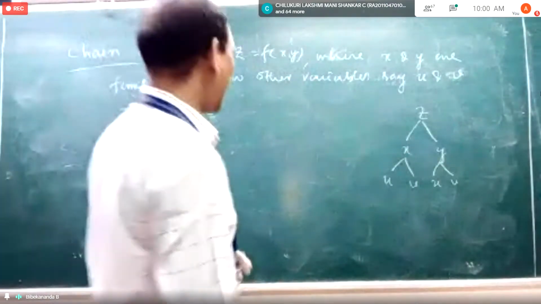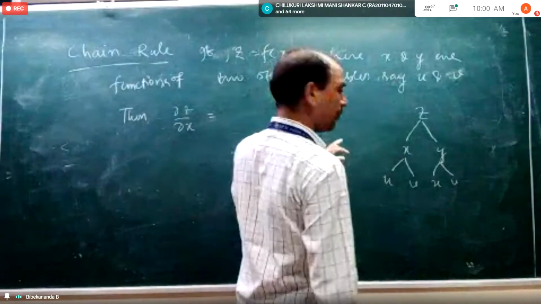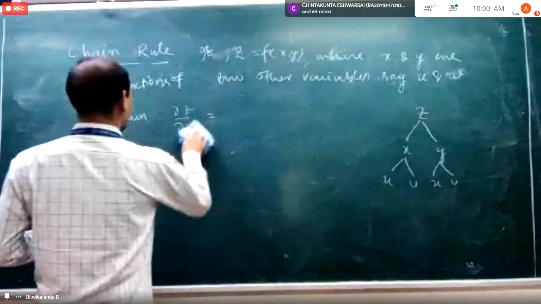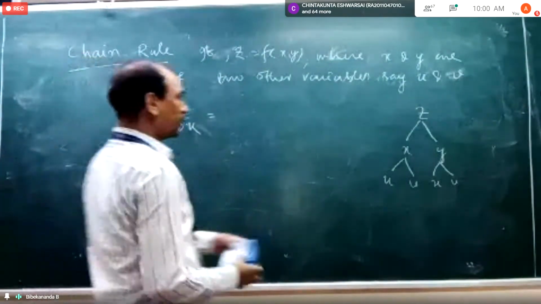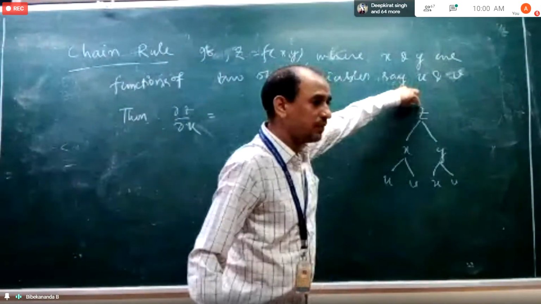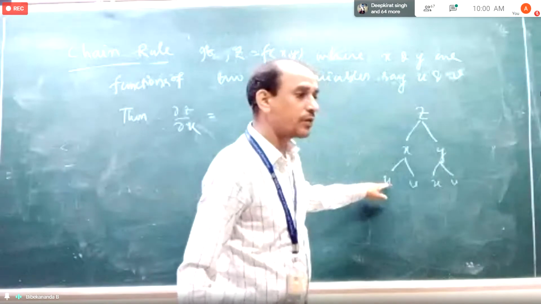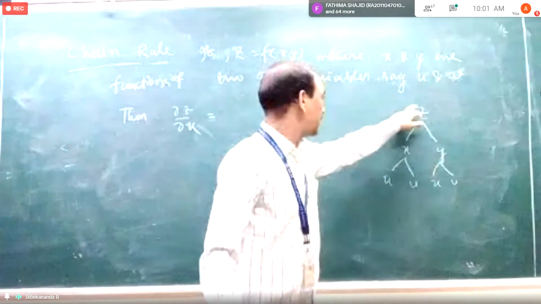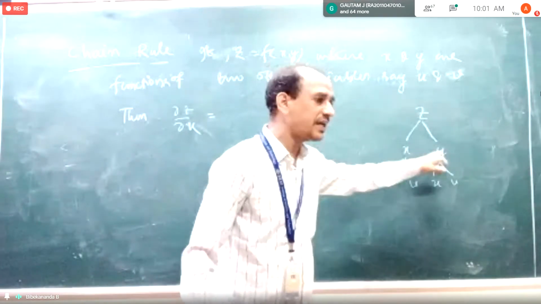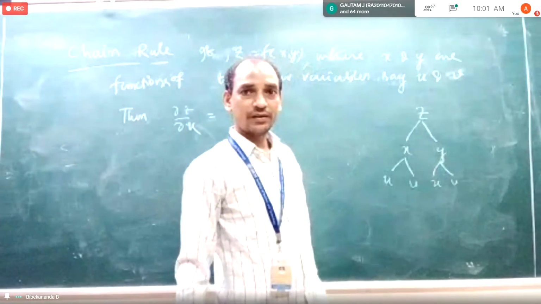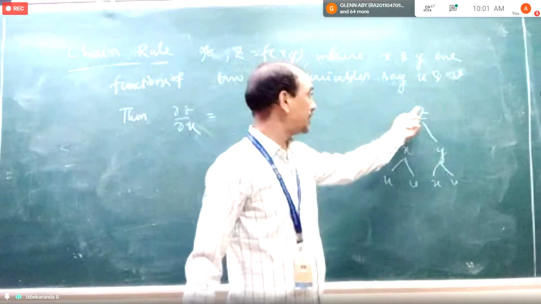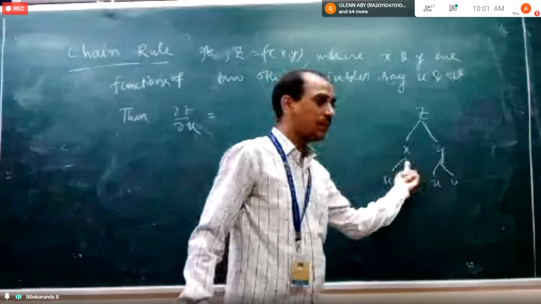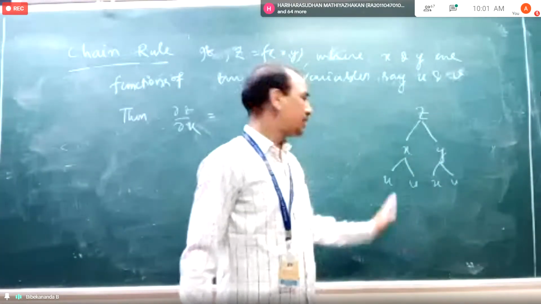So when you are finding the derivative of z with respect to the terminal variables u and v, the middle variables are x and y. So z and u, v are connected by x and y. So if we find the derivative of z with u and v, we should go through the middle variables x and y. So there will be a chain.